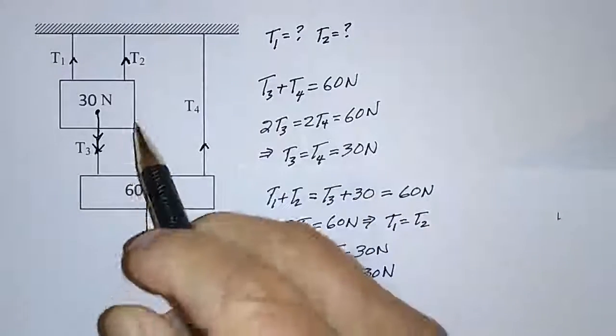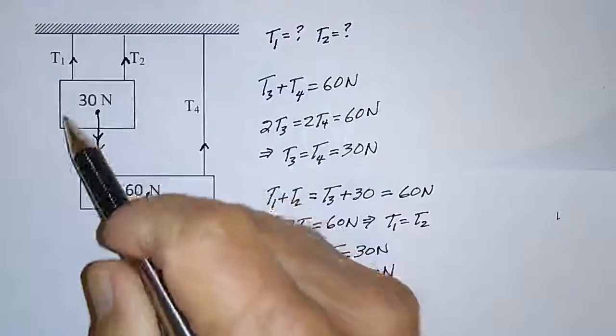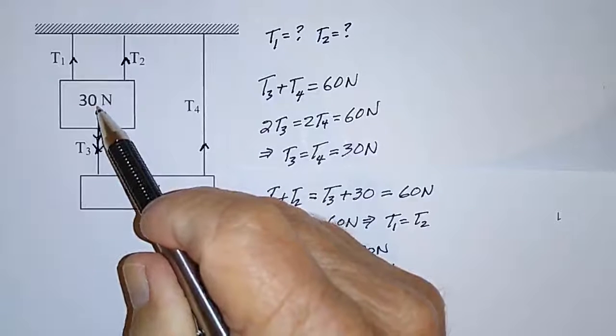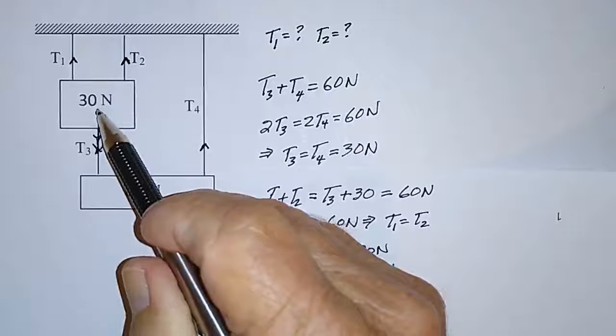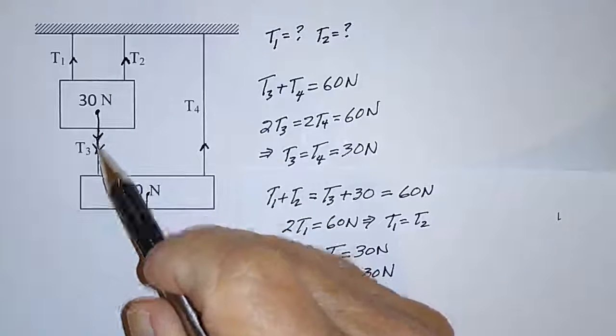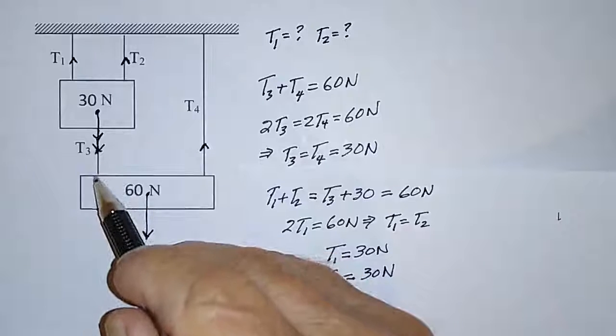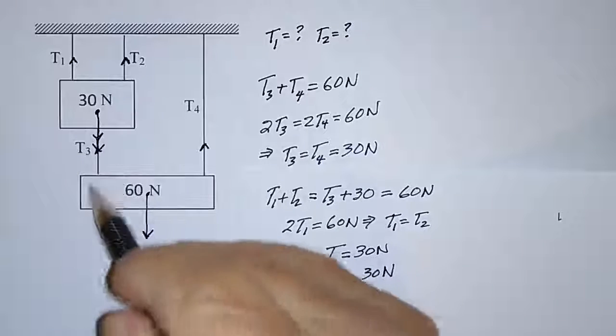So just be careful when you look at this situation right here, and make sure that you don't forget that you have the weight of the object plus the tension T3 that's pulling down on it from this weight as well.